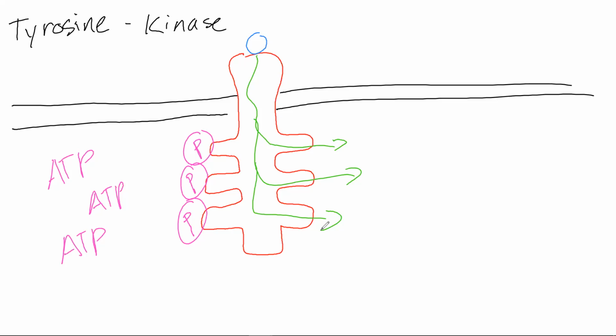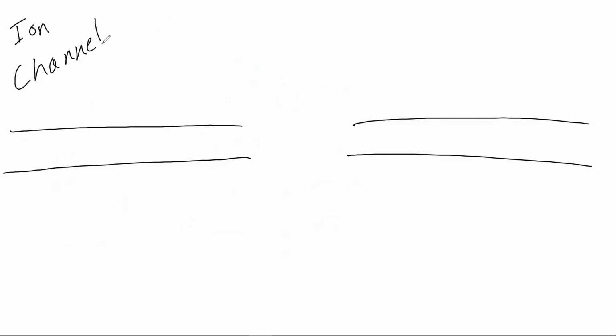Okay, cool. So now we have good old membranes back. And this time we are looking at the ion channel. In an ion channel, we have our protein. We have our ligand. There will be a triangle this time.